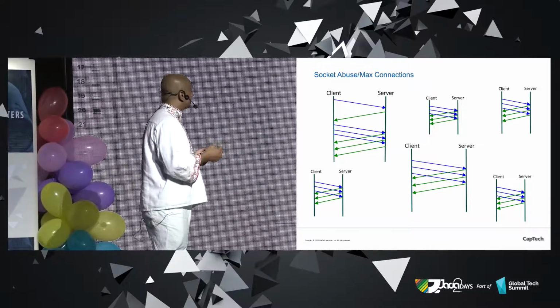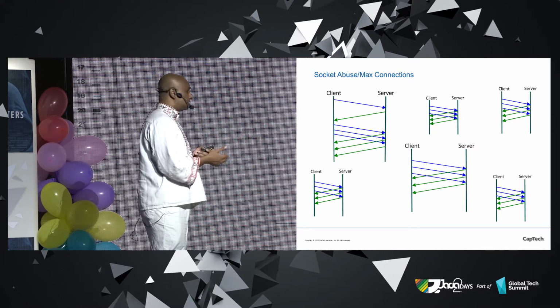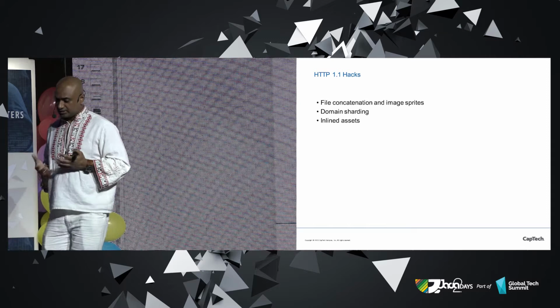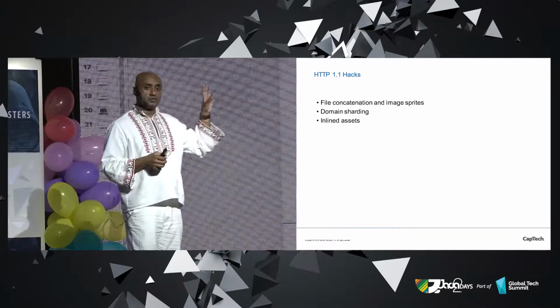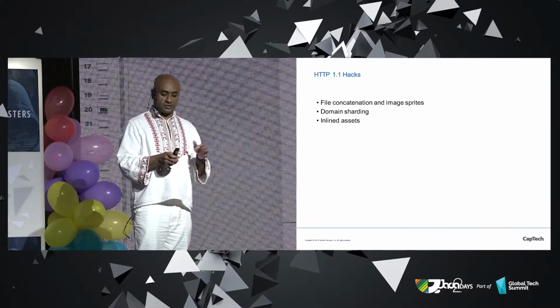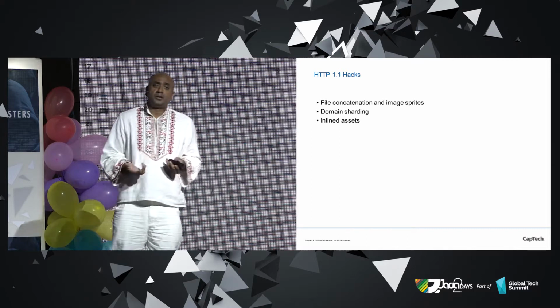Okay? So this is yet another shortcoming of the HTTP 1.1 protocol that people have sort of worked around. And there's actually a number of these. It doesn't just stop there. So these are some of the techniques that people use in order to get around the inefficiencies of the HTTP protocol. So these are things like file concatenation and image sprites.